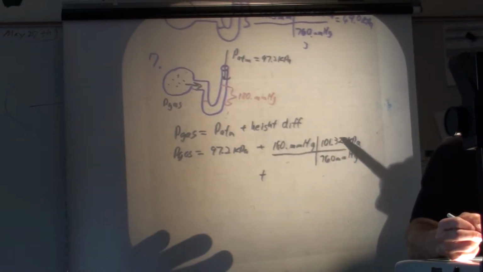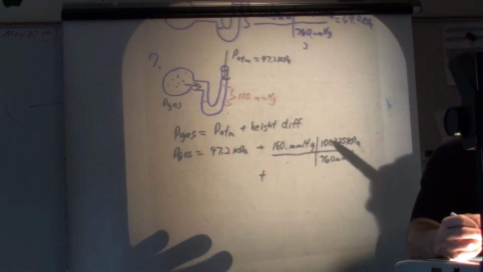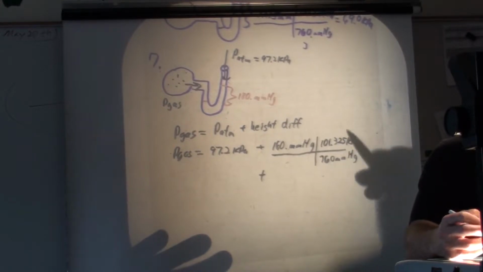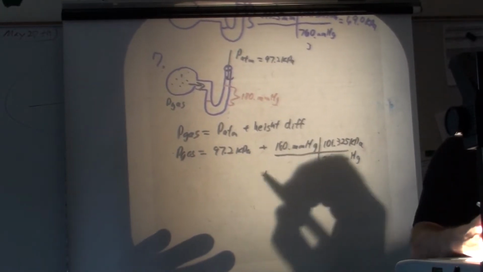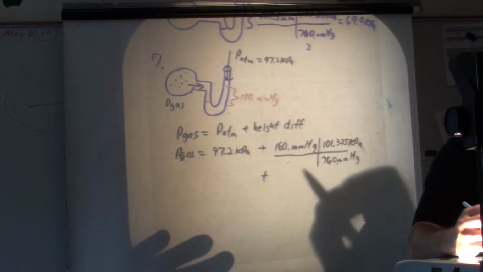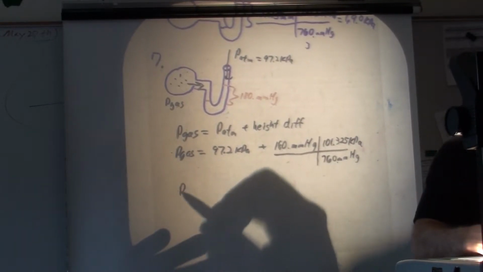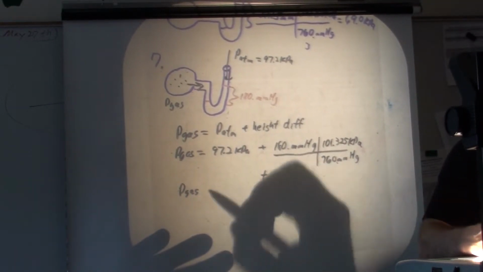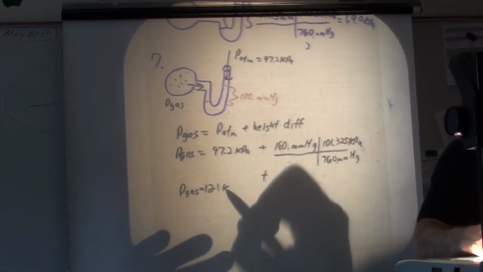Three sig figs, 5 sig figs, no, that's 6. 3, 6, 3, and 3, so we round our answer to 3. So the pressure of the gas is 121 kPa.